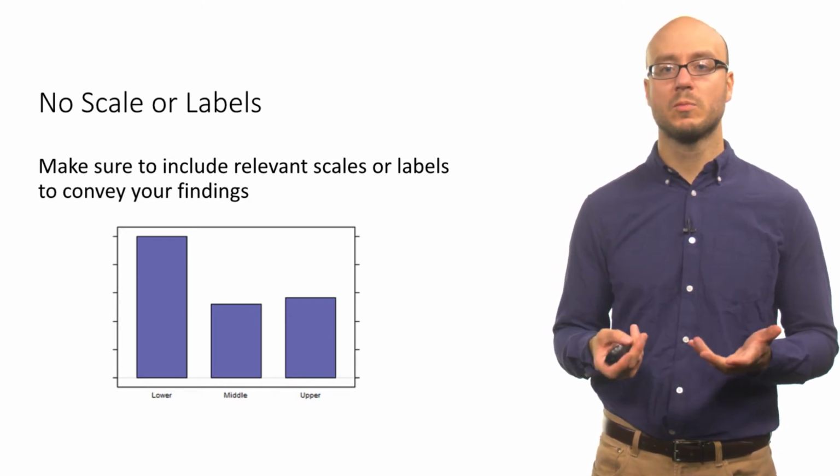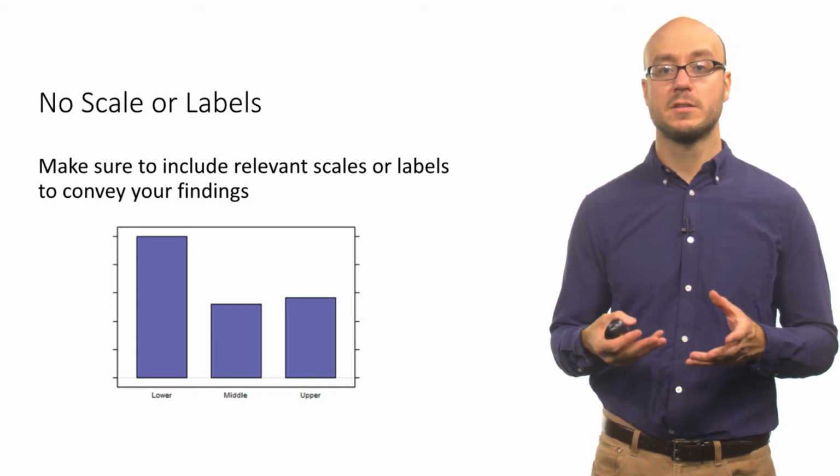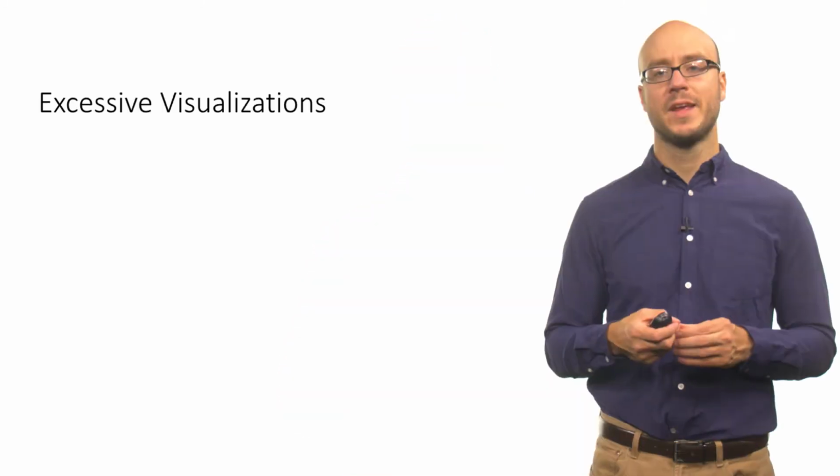So it's unclear whether this is a bar graph of proportions, percentages, counts, or something else entirely. So always make sure to include a scale or labels. Another problem could go awry if there's no labeling of the different categories. So if we avoided lower, middle, and upper class labels, and there were no labels, that would also be misleading. So always make sure that you're putting in the appropriate labels so that your reader can interpret your findings.